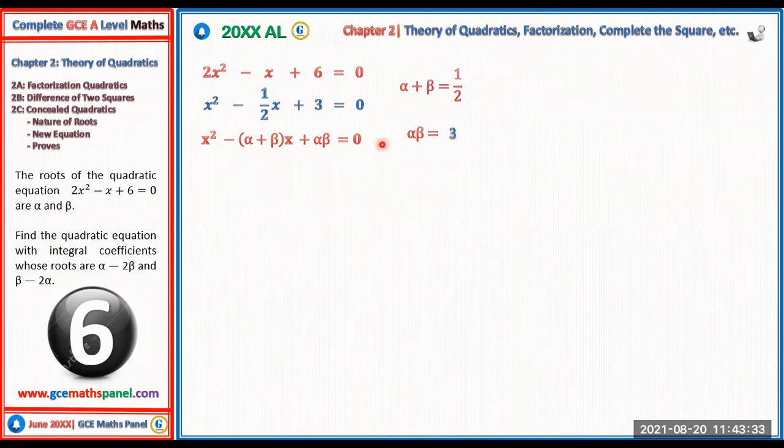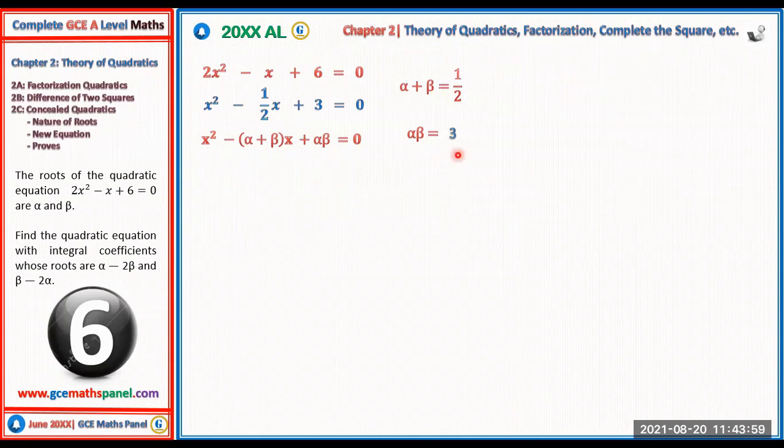At this point, we can now look at the second part of the equation. This second part of the equation is telling us that we should form a new equation whose roots are alpha minus 2 beta and beta minus 2 alpha. What do we require to form an equation? What we require to form an equation is the sum of roots and the product of roots.